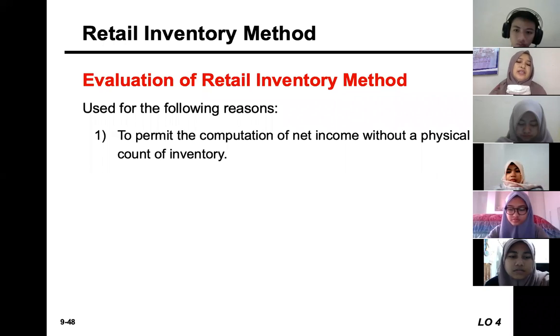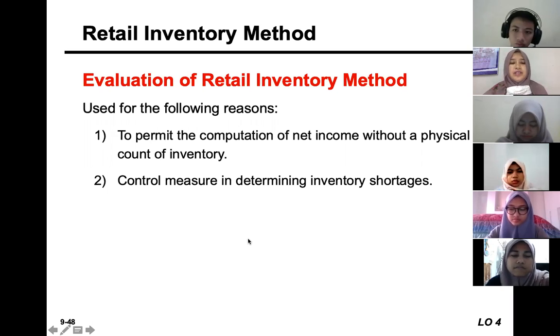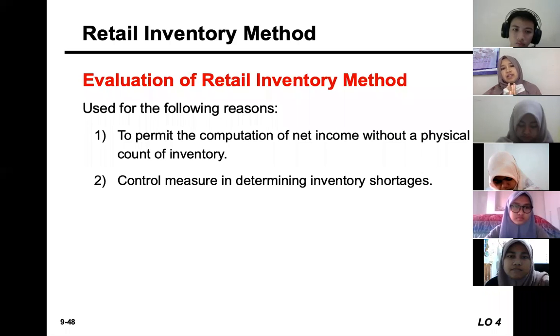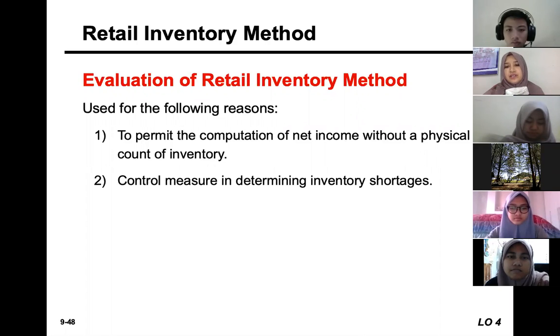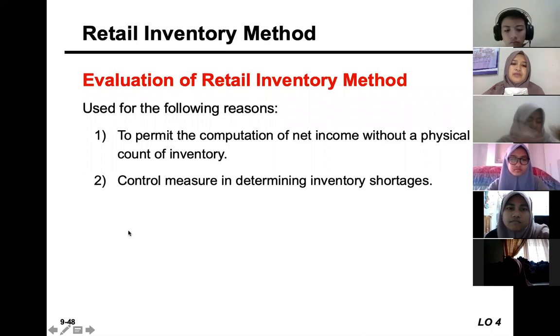So the company can just use the retail inventory method to identify the net income. And also it gives us a control in determining the inventory shortage. We can compare from the retail inventory method with the actual physical calculation of the inventory. Then we can identify the shortage, the difference between the two amounts.